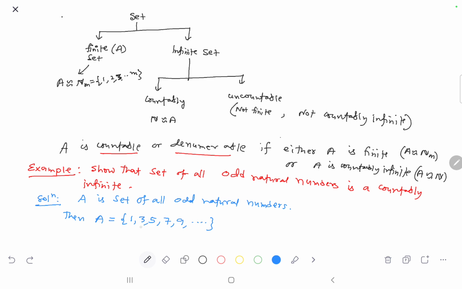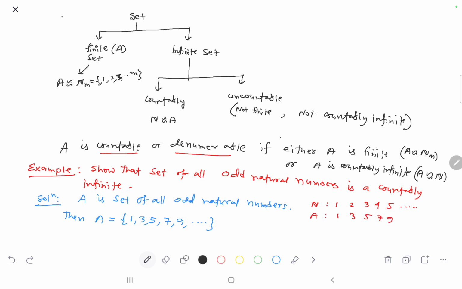What do we want? We want to check it is equipotent with the set of natural numbers. So we have to give a bijective map from the set of natural numbers onto this. See, we have the set of natural numbers here. Let me write 1, 2, 3, 4, 5, and so on, and A's members, 1, 3, 5, 7, 9, like this.